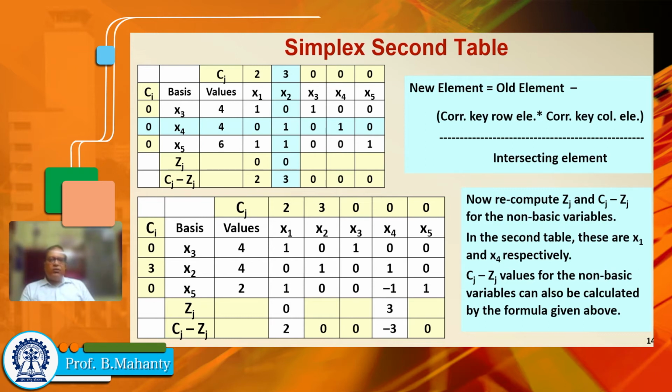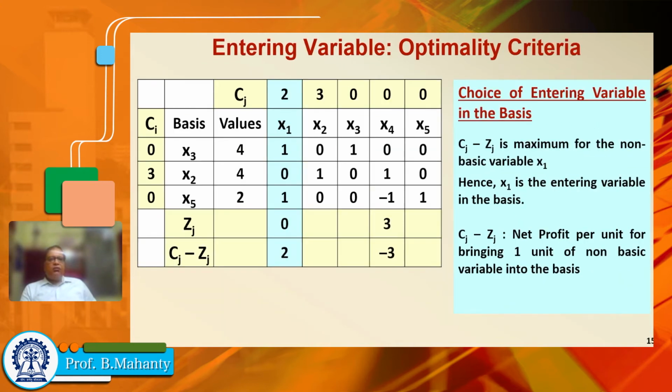That way also you can compute the Cj minus Zj values. Or you can calculate Zj by the method I have already discussed, and then deduct from Cj. That way also you can do. So Cj minus Zj then will be 2 and minus 3 respectively. So that is how our second table is obtained.